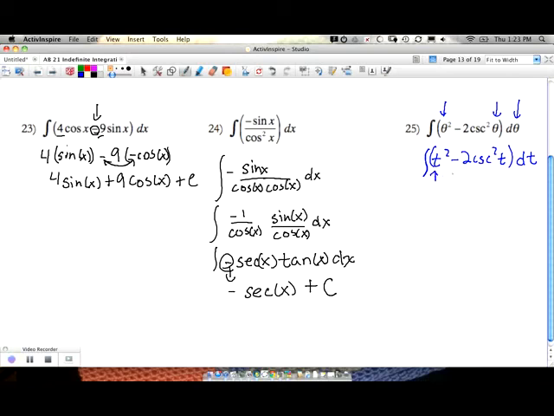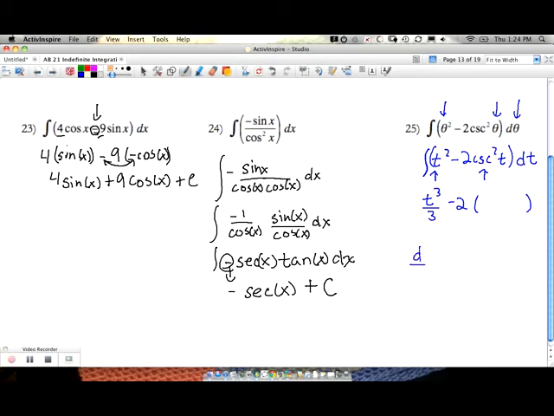In fact, now we got some older traditional power rule and some trig at the same time. So let's deal with each one separate since they're adding or subtracting. So the antiderivative of t squared becomes t cubed over 3. We got this negative 2 as a constant that we're going to pull out to the front. Then we got to find the antiderivative of cosecant squared.